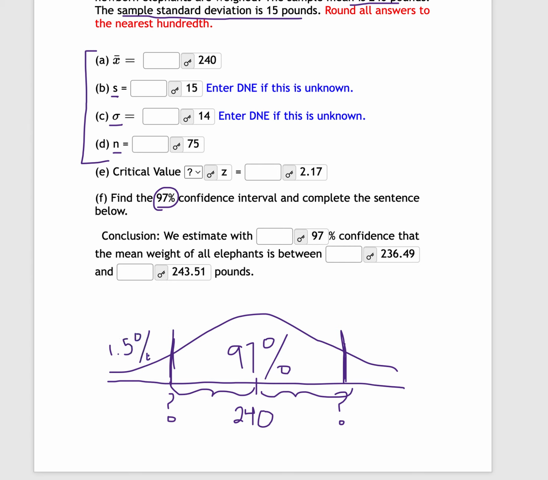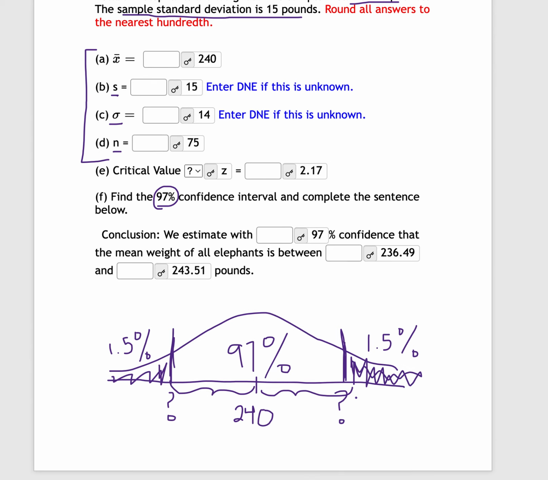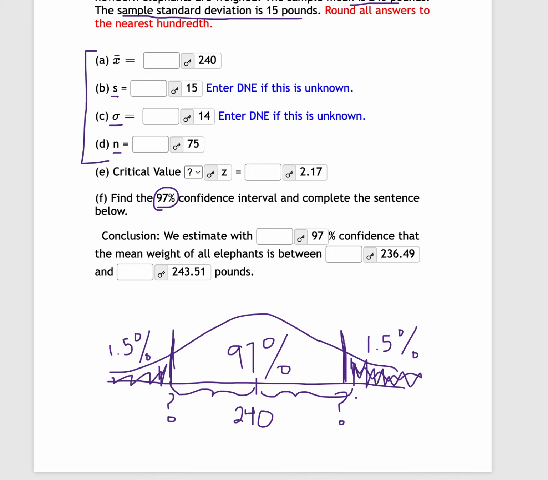So 1.5% is going to lie in this wing, and 1.5% is going to lie in the higher wing, where the highest values lay. That's this shaded area. So to find our critical value, we want to find this value of Z.